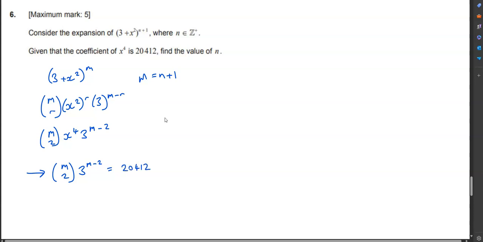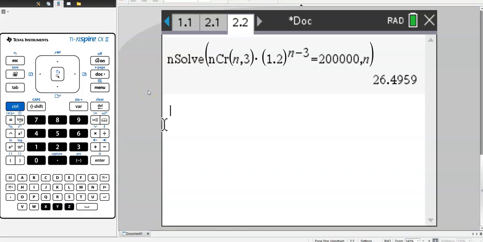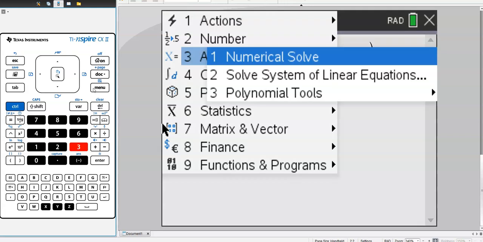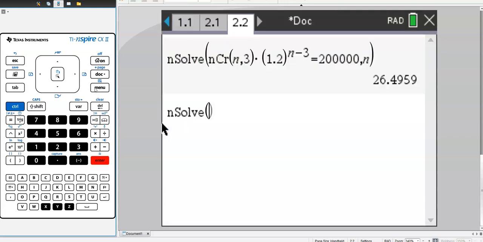20412. Now I mentioned we can expand this, and if this was a non-calculator paper, we might have to. And it works out, have a quick go, pausing if it's not too late, to m, m minus 1 over 2 times 3 to the m minus 2 equals that thing, which we're just going to solve using the calculator. And so, where are we? Menu, 3, and solve.